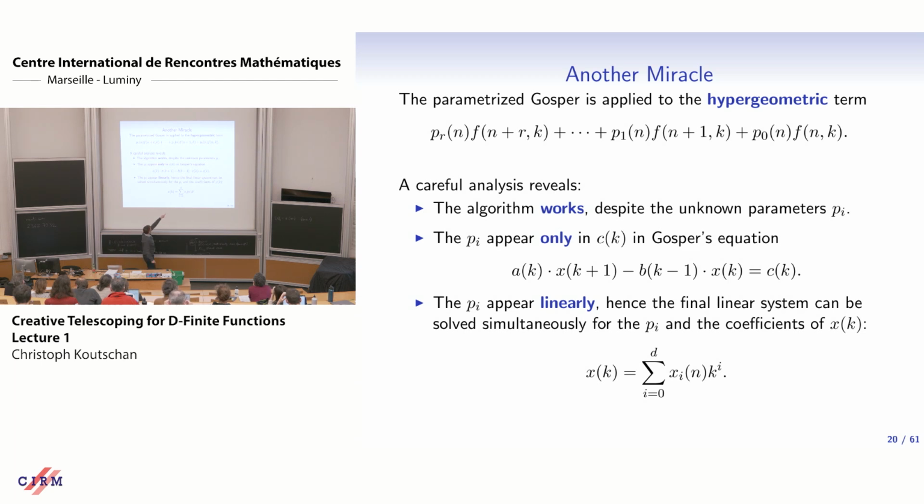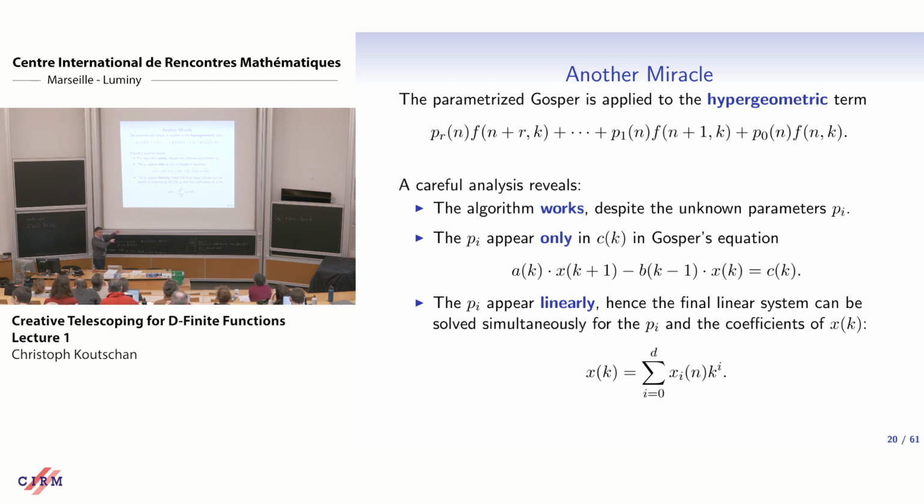Well, and the xi are on the left-hand side, linearly, of course, and the pi are on the right-hand side of this equation, again linearly. So this whole thing reduces to a linear system of equations in the unknowns xi and pi that we can solve simultaneously for all these unknowns.